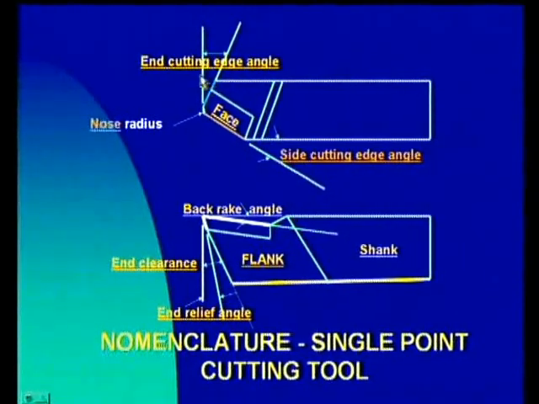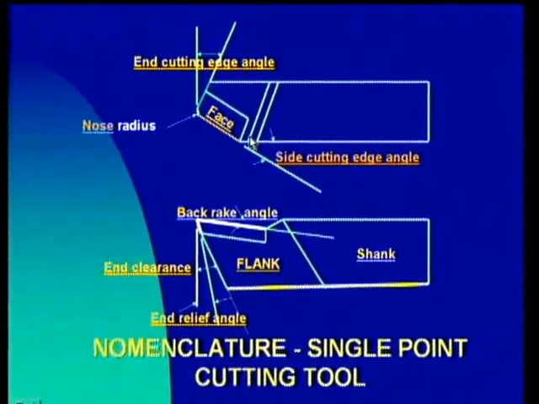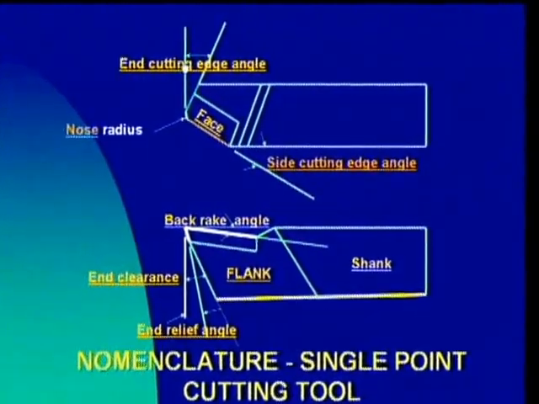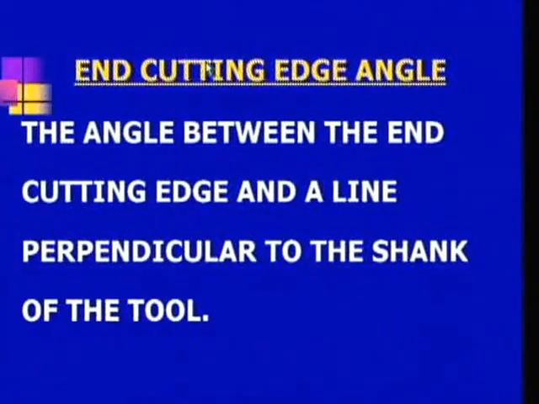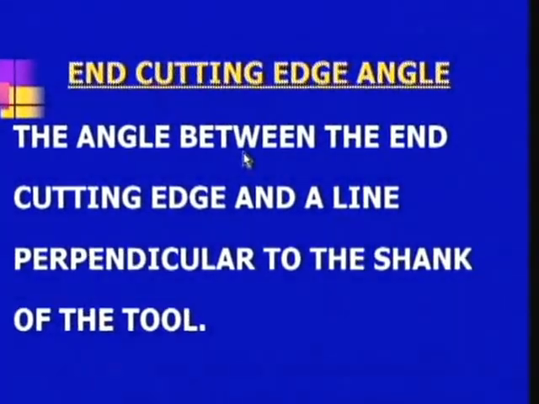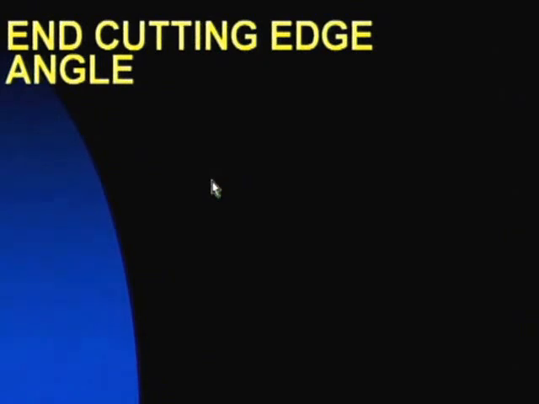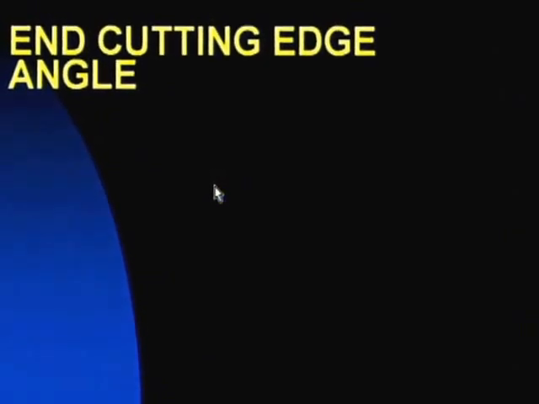Here also the end cutting edge angle may be 0 or it may be increased, up to a maximum of 90 degrees. This is the angle which is called the end cutting edge angle. We will discuss a few points about this angle.